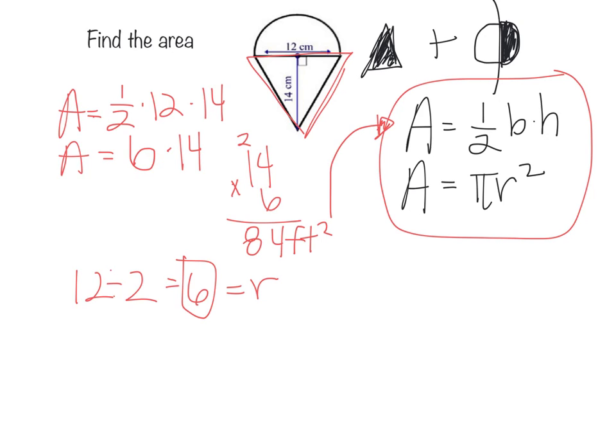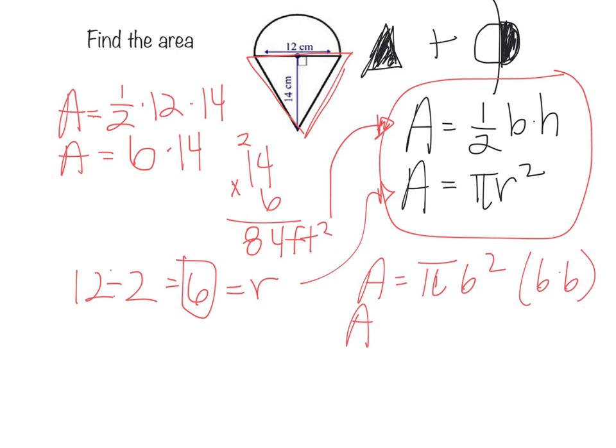All right, well, doesn't this look familiar to us? If I plug this back into my formula to find a circle, I would say the area is equal to pi 6 squared. 6 squared, that's 6 times 6. Wait a second, I just did this problem. So going back and using the work I already did, I already know that the total area is 113 and 4/100 feet squared.